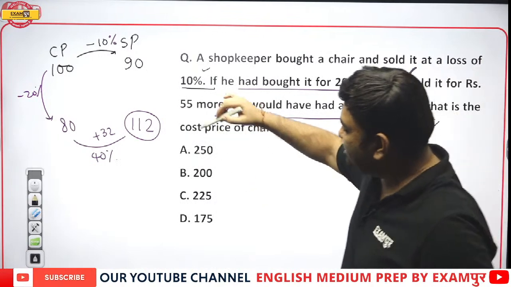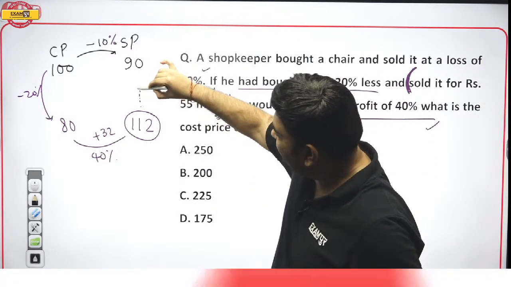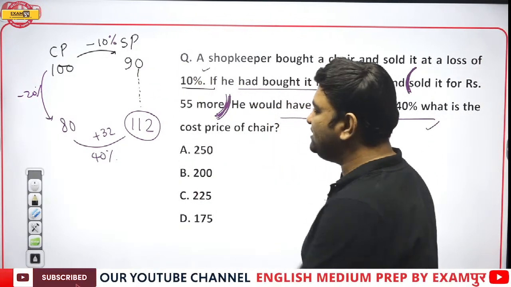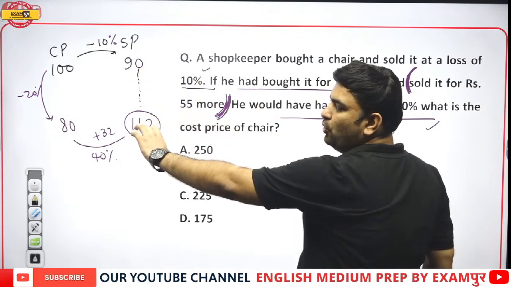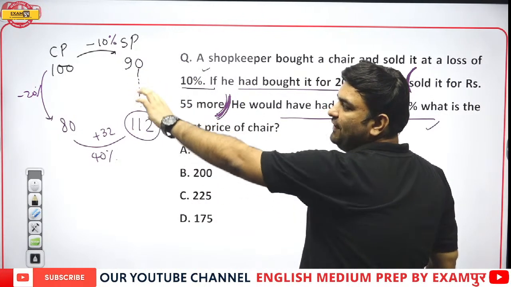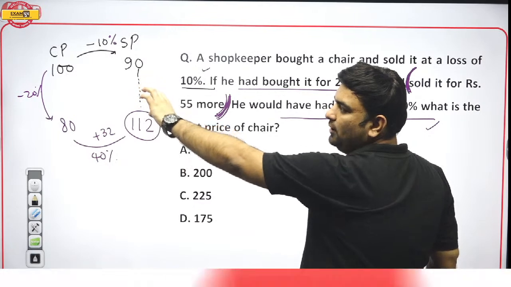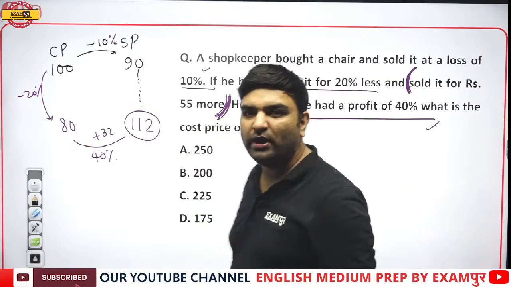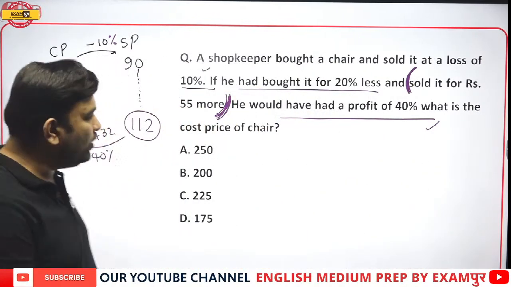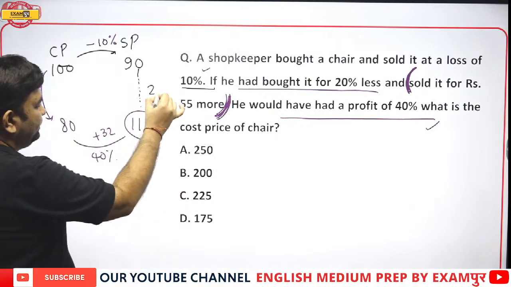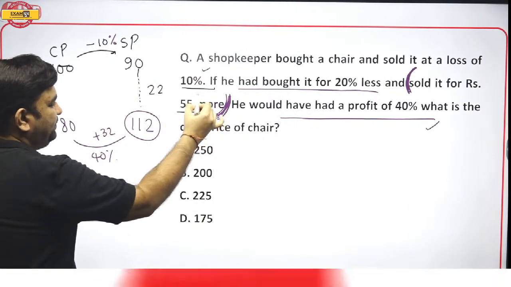So how much extra has he sold it at, from 90 to 112? I think it's 22 extra according to the ratio. But it is given as 55.